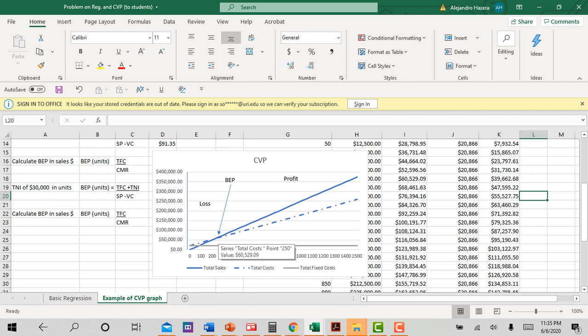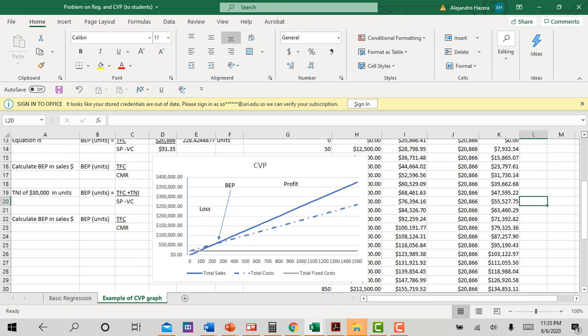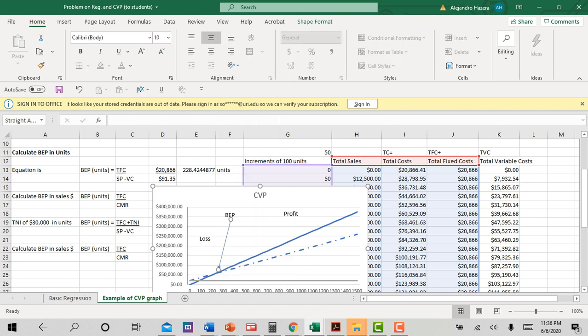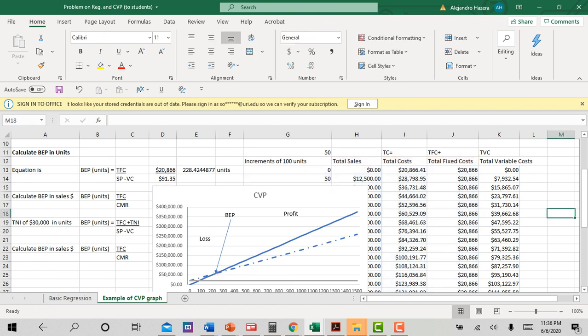That's a point that's closer to the break-even point. And we know that our break-even point is 228 units. So maybe I should move this line somewhere in here. Let's see, that's still point 250, but that's about in the break-even area right there.